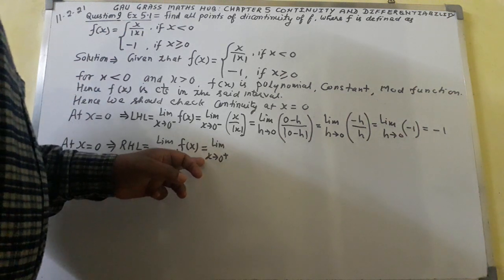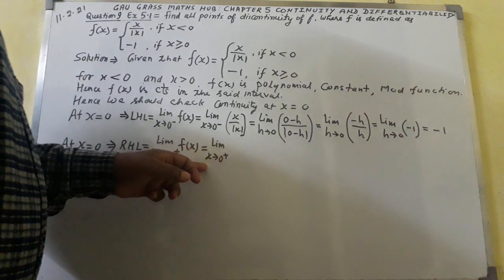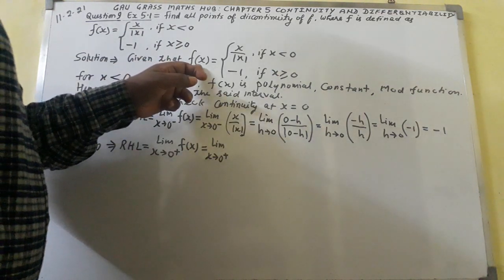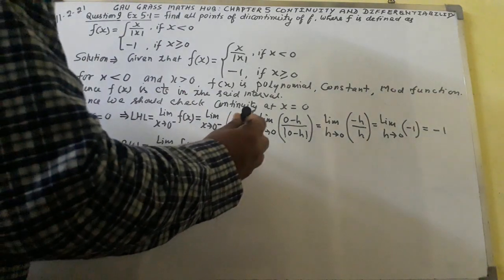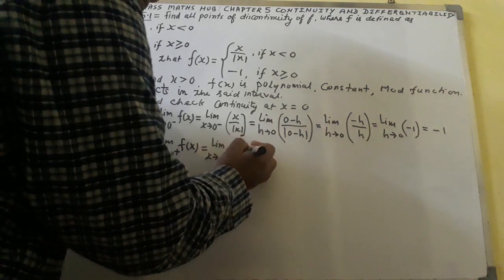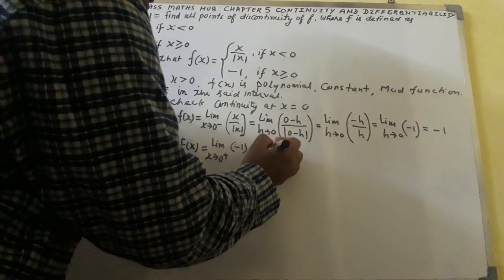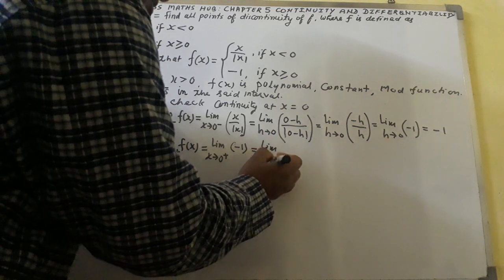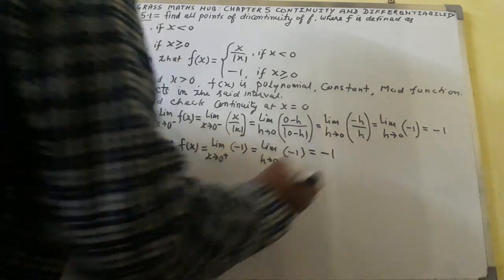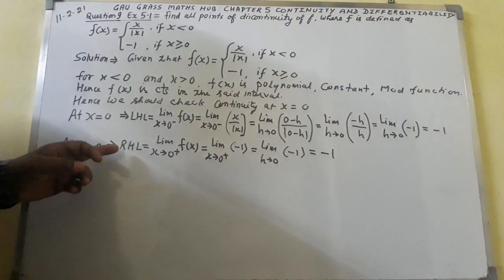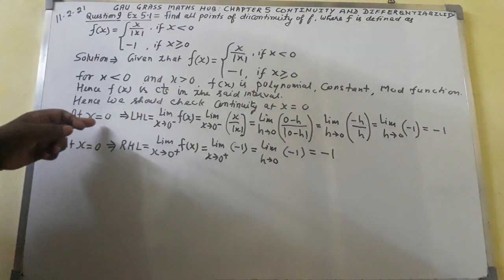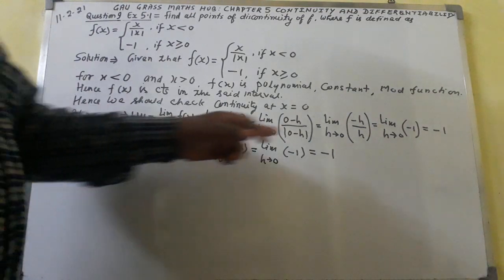So lim h tends 0 of minus 1 comes out to be minus 1. At x equal to 0, the value of right hand limit is minus 1, and the value of left hand limit is minus 1.